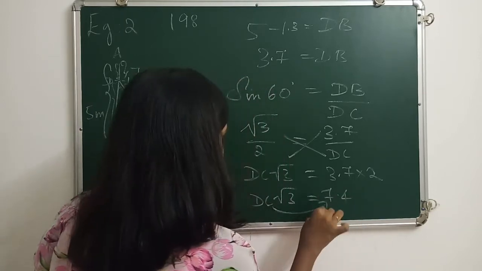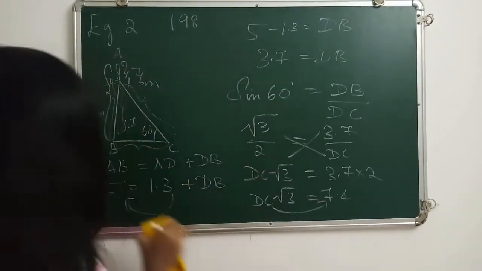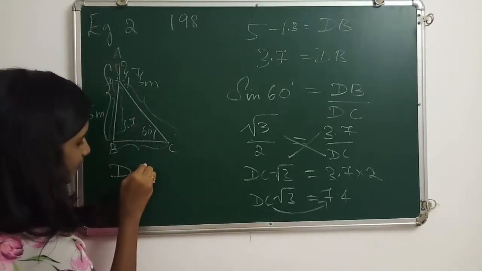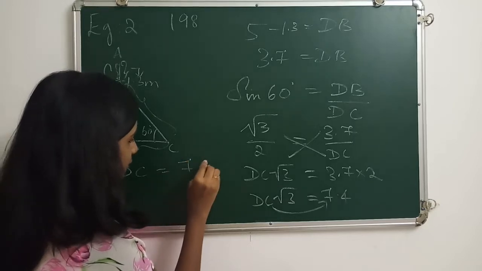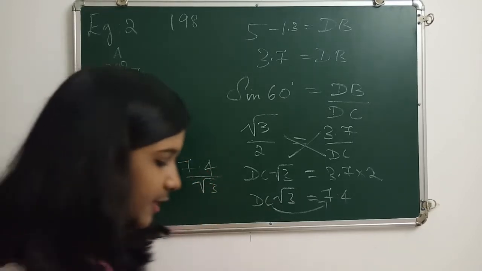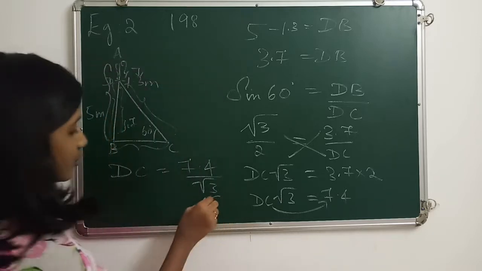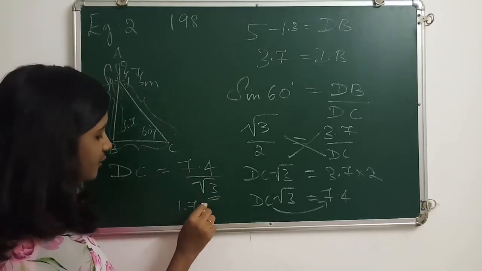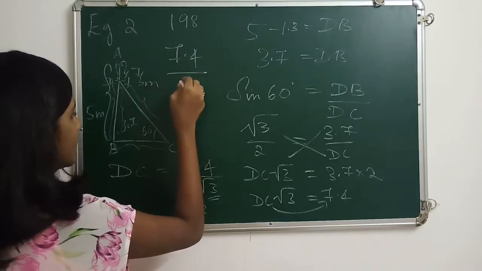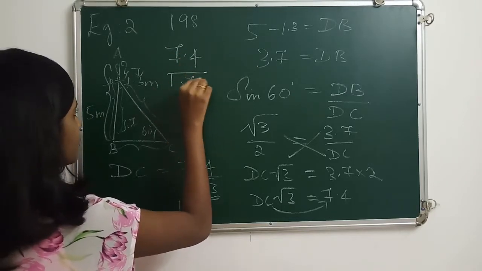This root 3 can be brought here, so it would become DC is equal to 7.4 divided by root 3. Now in the question it is said to use root 3 as 1.73. So we can substitute it. So 7.4 divided by 1.73.